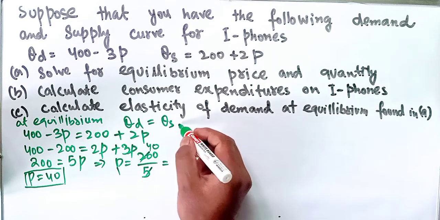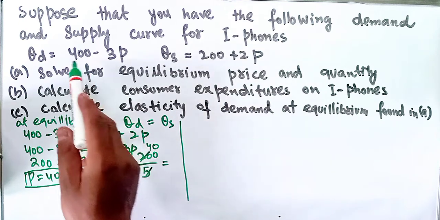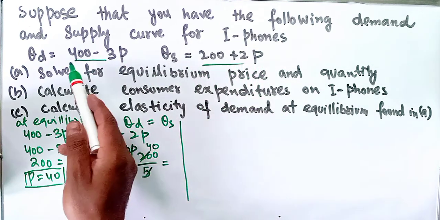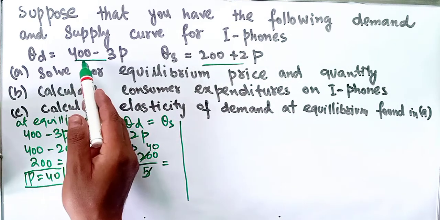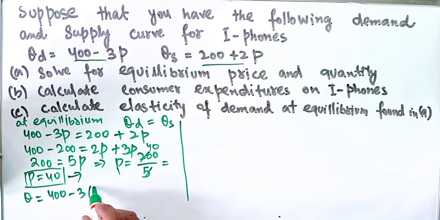Similarly, we can solve for the equilibrium quantity. We just plug this p is equal to 40 either in the quantity demanded or quantity supplied functions. So we will plug this in the quantity demanded function. That means our q would be equal to 400 minus 3 times the value of p, which is 40.